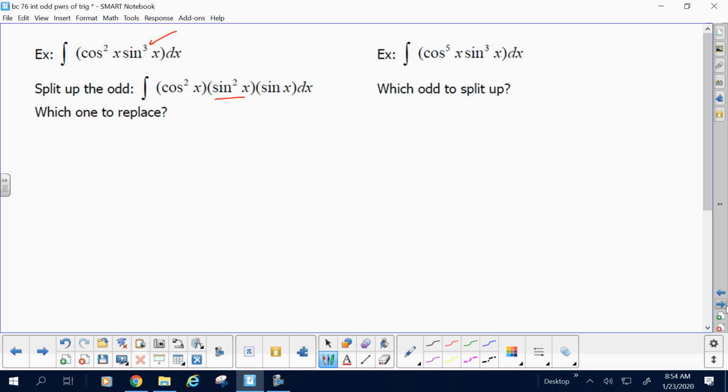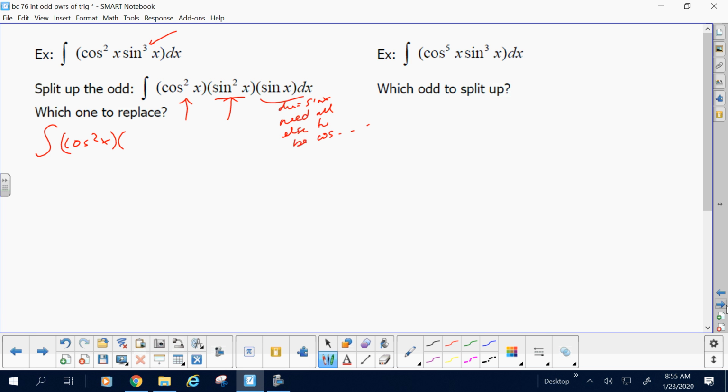So when you do that, the question then is, okay, I have sine squared and cosine squared. Which one should I replace? Okay, you say the sine squared. I agree. Why do you say that? Yeah, your du is going to be sine, so you need all else to be cosine. Are you with me on that concept? Okay, so we're going to leave the cosine squared.